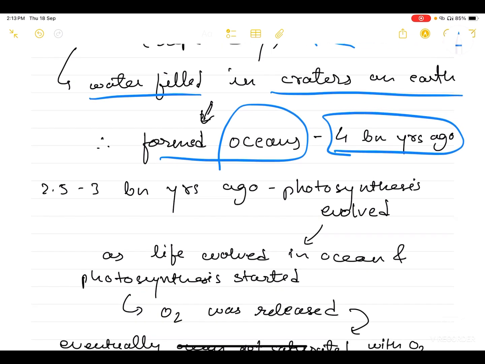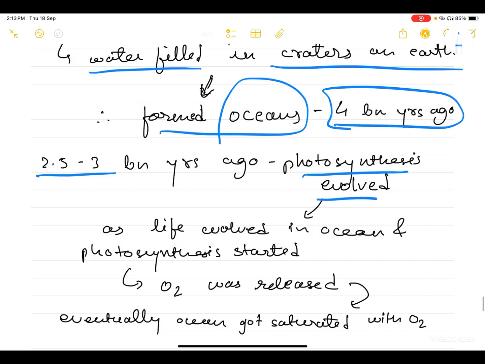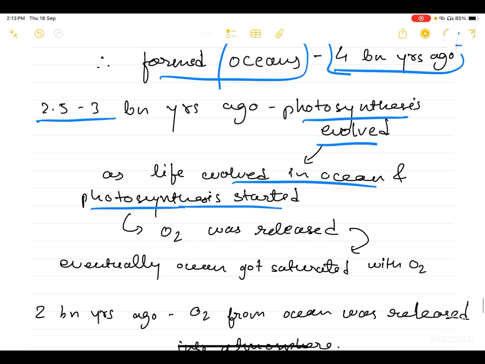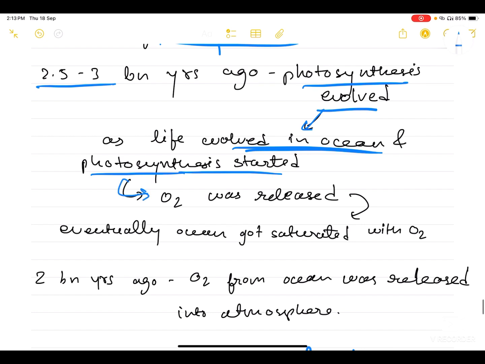And somewhere around 2.5 to 3 billion years ago, photosynthesis started evolving. We can say blue-green algae or cyanobacteria started doing photosynthesis in the ocean. As photosynthesis evolved in the ocean itself, oxygen started getting released.